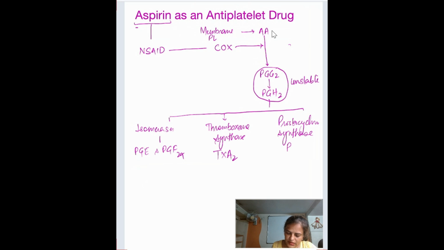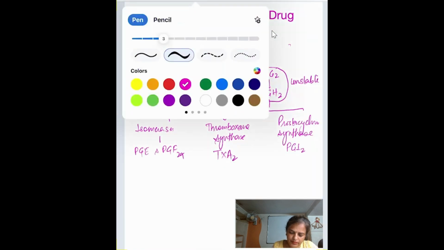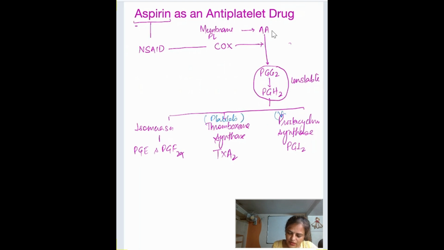It helps in the synthesis of prostacyclin. So this is in the platelet, and this action is in the vascular endothelium. I already told you the COX enzyme is present almost in all the tissues.